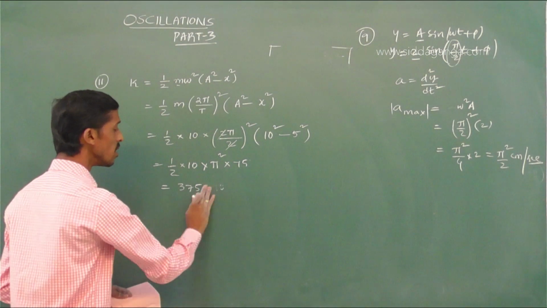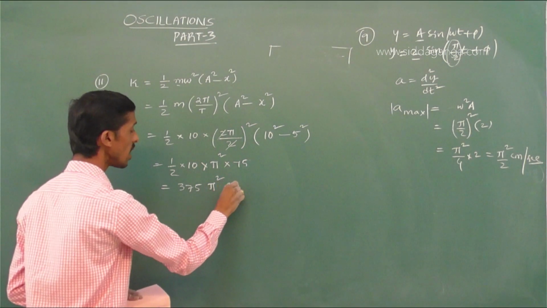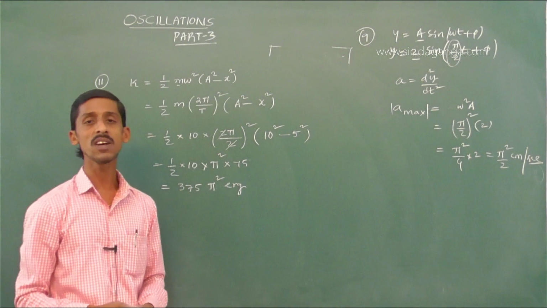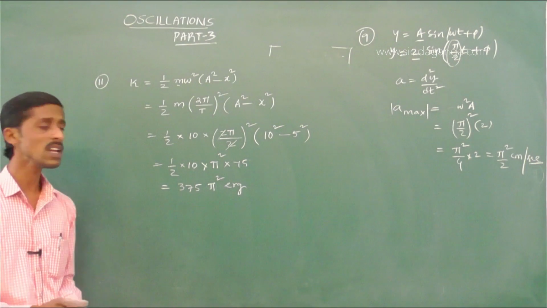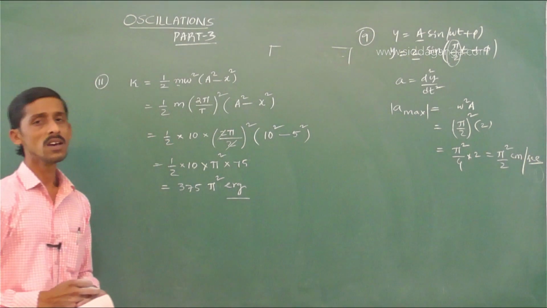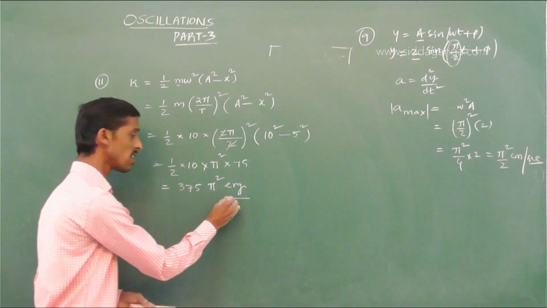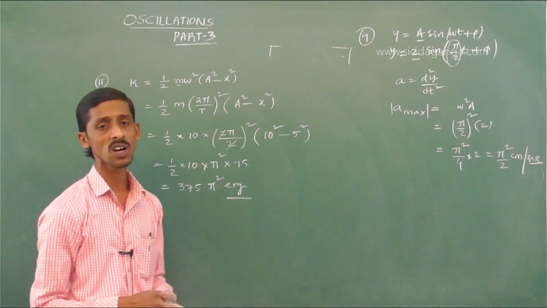So 375 pi square erg. The unit of energy in CGS is erg.